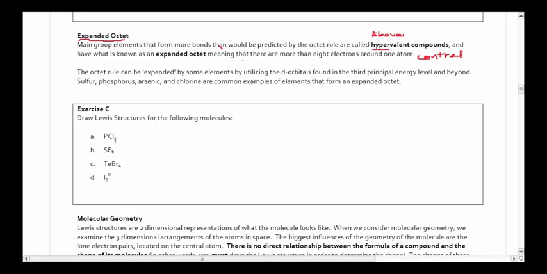So again, for PCl5, you're going to see 5 electrons from phosphorus, plus 35 electrons from chlorine, which means you have 40 electrons, or 20 pair.